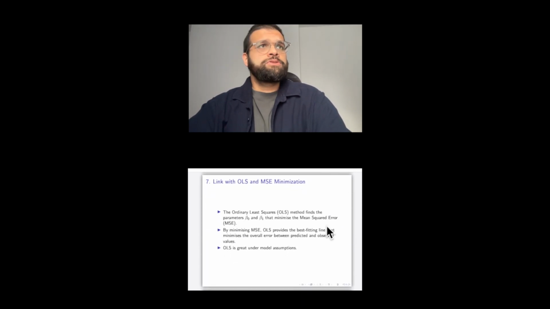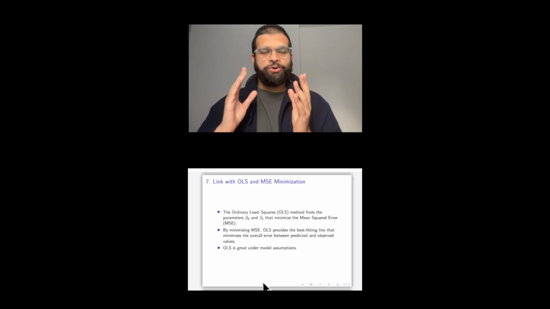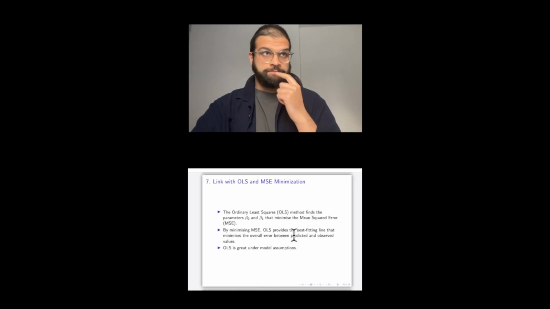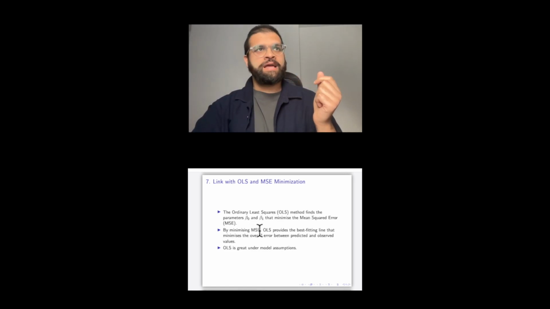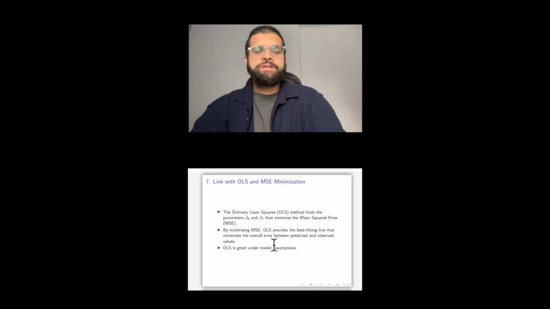Now, I made a new slide about how ordinary least squares and mean squared error link to each other. Essentially, the goal of ordinary least squares is to find the best parameters to minimize your mean squared error. And once you minimize it, you know you have the optimal solution possible.